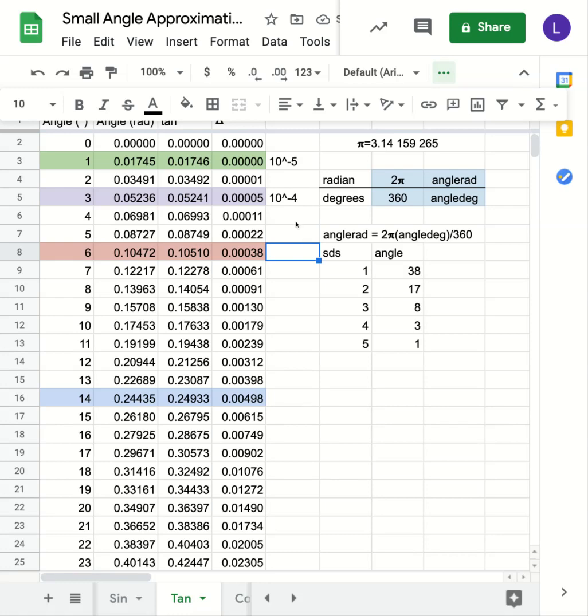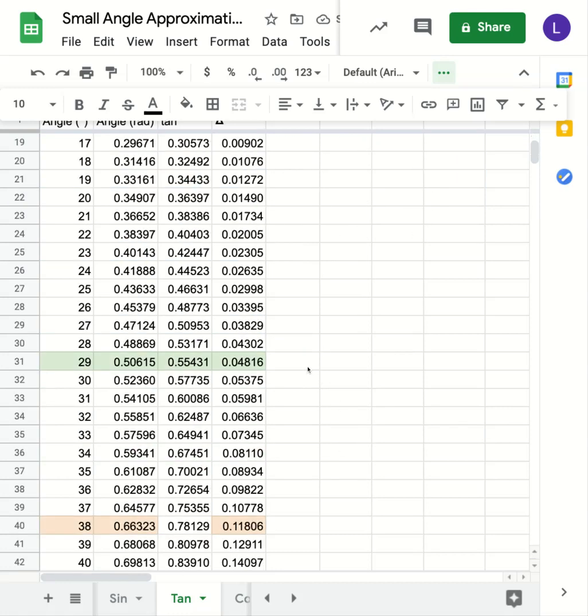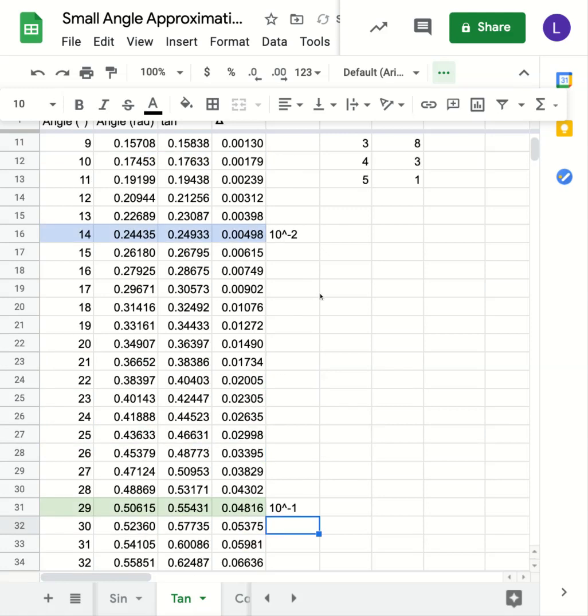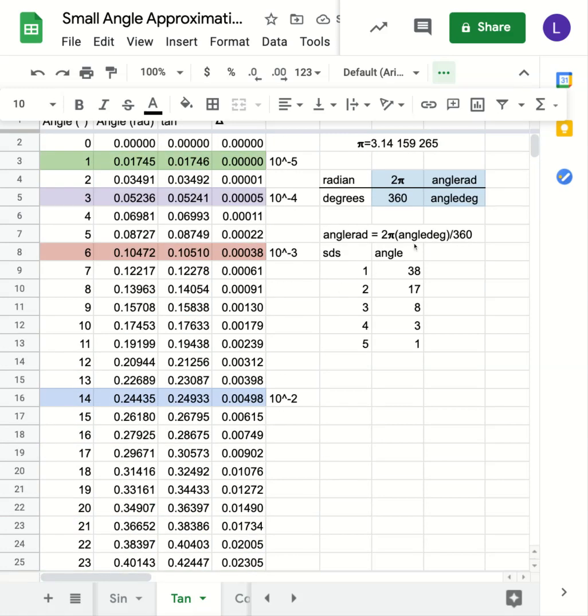Here we have agreement to the 1,000th place. Here we have it to the 100th place. And first comes into play the 10th place. So we have 29, 14, 6, 3, 1.